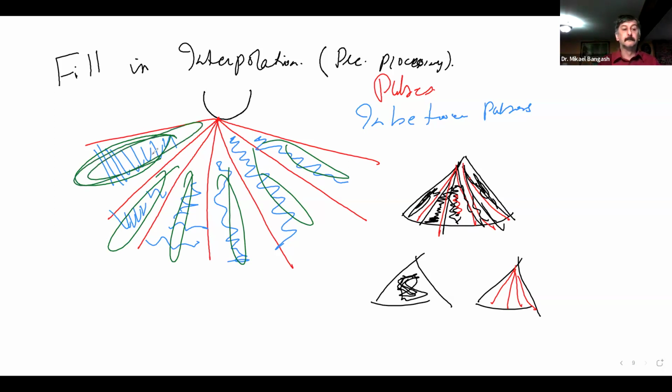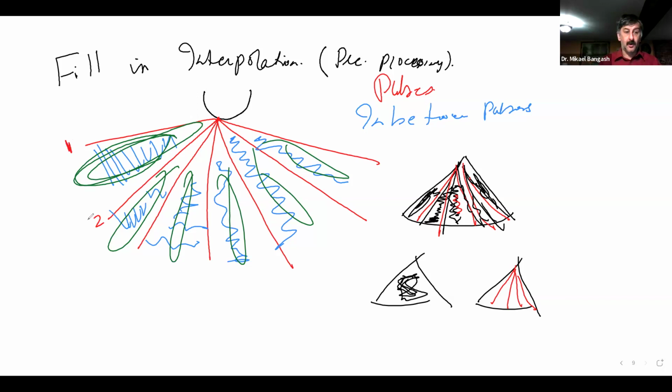Let's say this here was pulse 1, and this here was pulse 2.